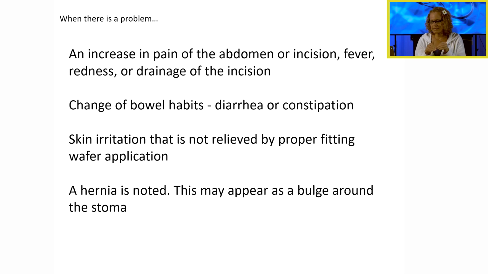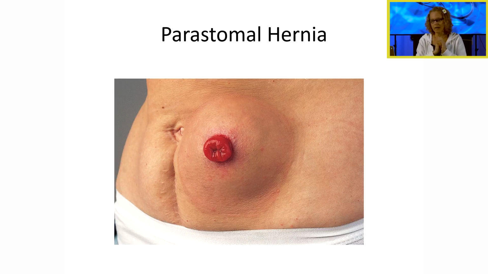And this may appear as a bulge around the stoma. So let's look at a picture of what that would look like. This is a peristomal hernia. And what this means is that some bowel has herniated through the abdominal muscles into the area kind of like underneath the stoma. And so this type of a bulge is not normal.